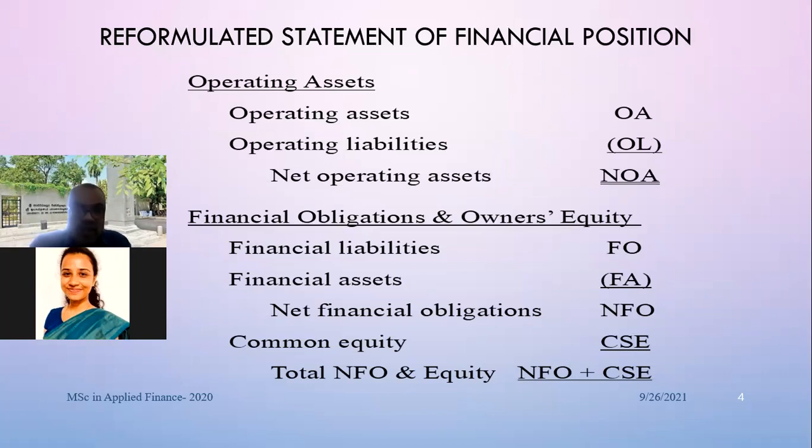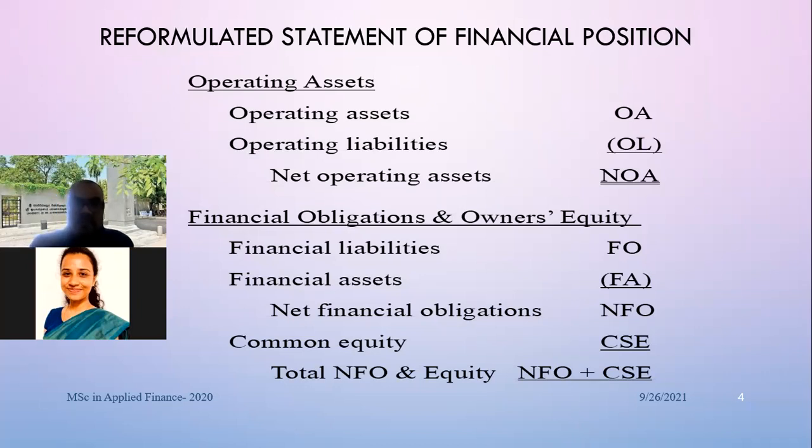You need not have 100 million tied up in your assets, whereas you can get some leverage from outside.